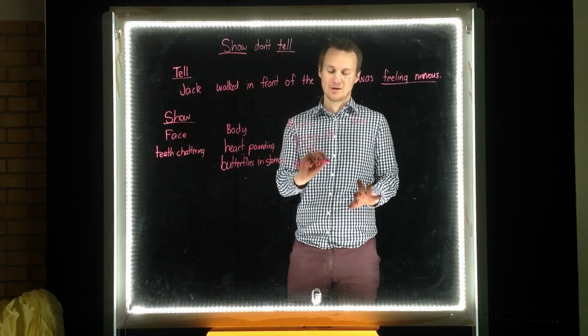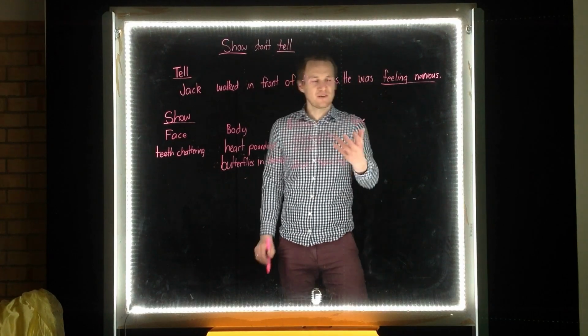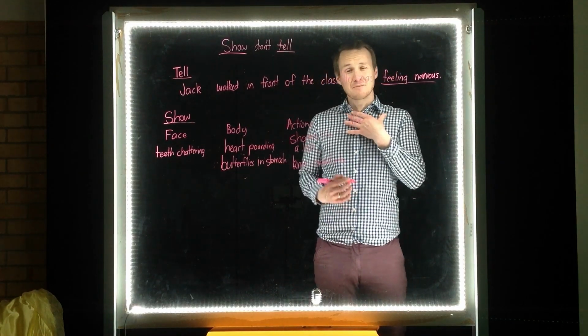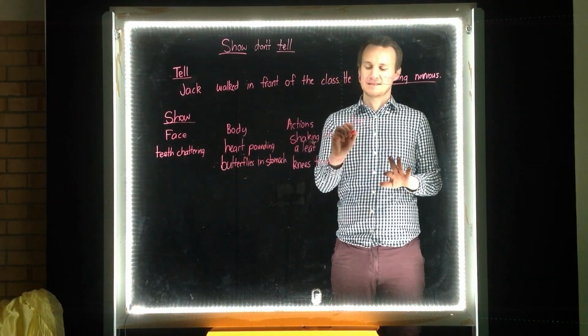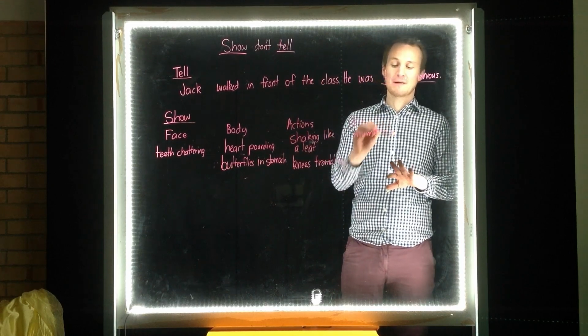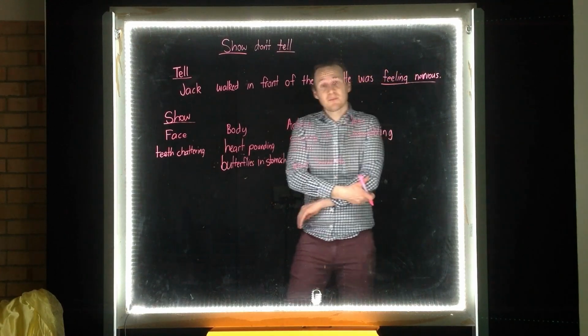That's a good word. Trembling is another word for shaking. And his voice, maybe he could mumble a lot, or maybe he could speak really softly. When he started speaking in front of the audience, I'm going to say he started mumbling. Now I might decide later that I don't need the mumbling part because it doesn't actually show me much of him being nervous. But for now, we're going to put it into our plan.